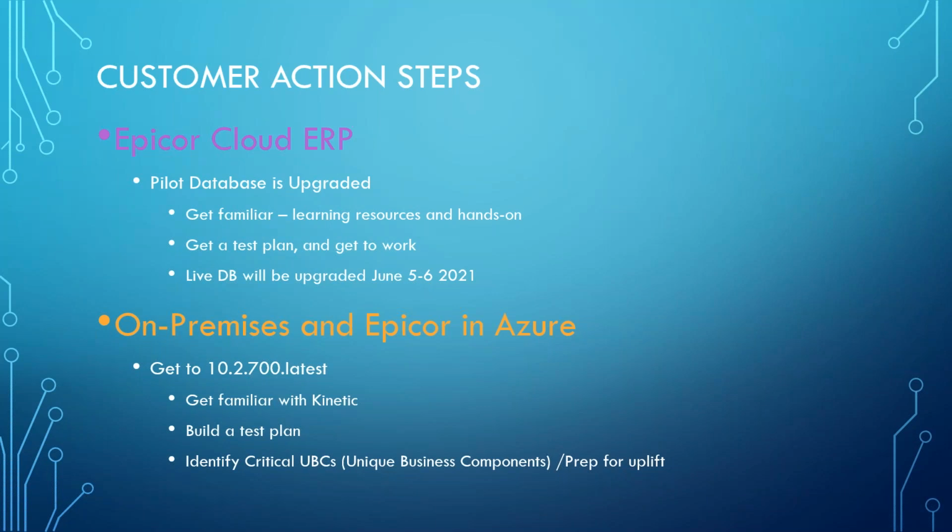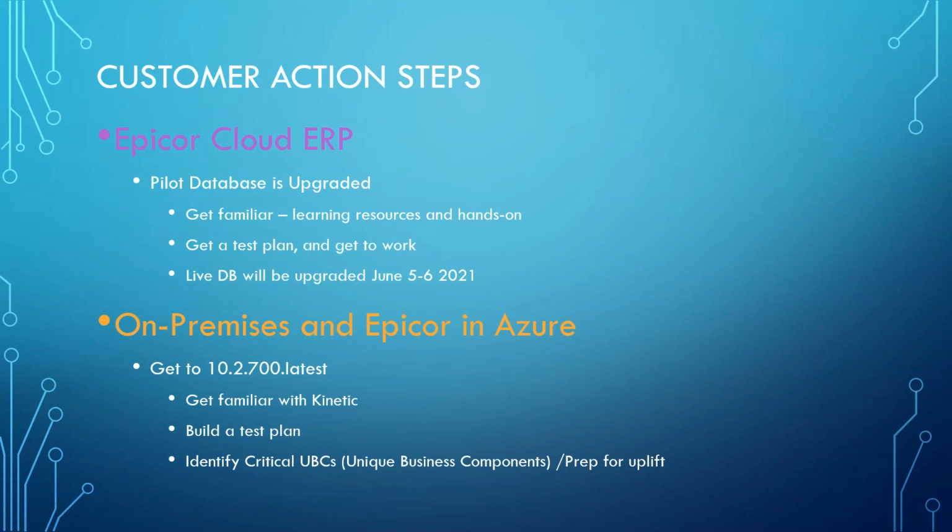Of course, for all those on-premises and Epicor and Azure customers out there, we're recommending that the place to be right now is 10.2.700. So getting to 10.2.700, we believe is a really good place to be right now for you.